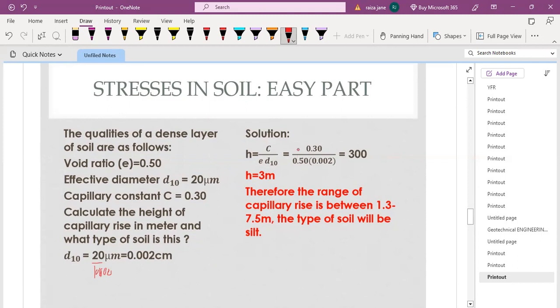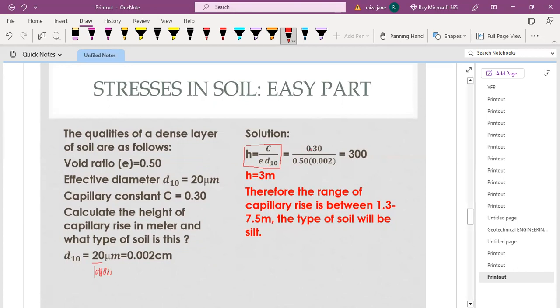Next, the formula: height of capillary rise in meter will be H is equal to C, the capillary constant rather, over void ratio, then multiply it by the effective diameter.